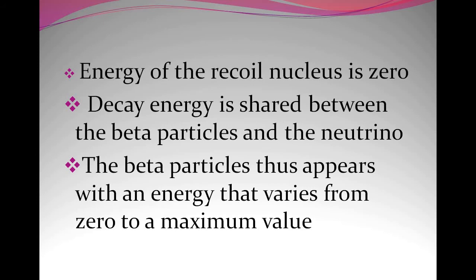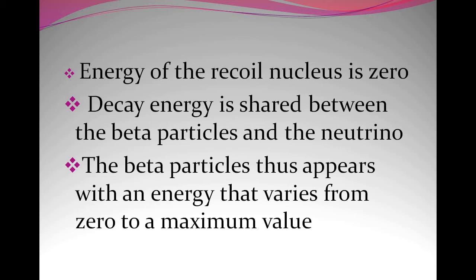Energy of the recoil nucleus is 0. And the decay energy is shared between the beta particles and the neutrino. The beta particles thus appear with an energy that varies from 0 to a maximum value. That means if the energy is not equally shared among beta and neutrino, sometimes beta will get more energy and sometimes neutrino.